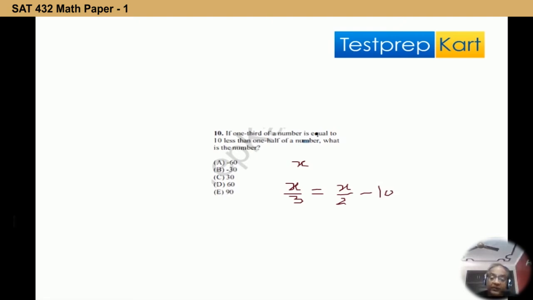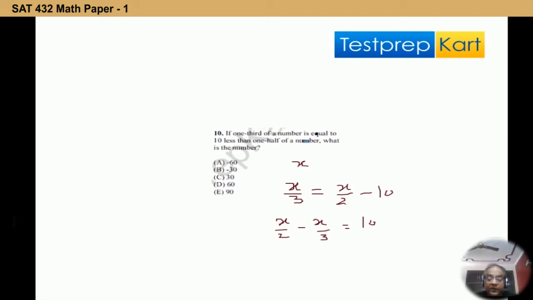What is that number? So we have to find x actually. Started with the x and then we have formed this particular equation by taking x upon 3 to be equal to x upon 2 minus 10. So this gives me x upon 2 minus x upon 3 is equal to 10.